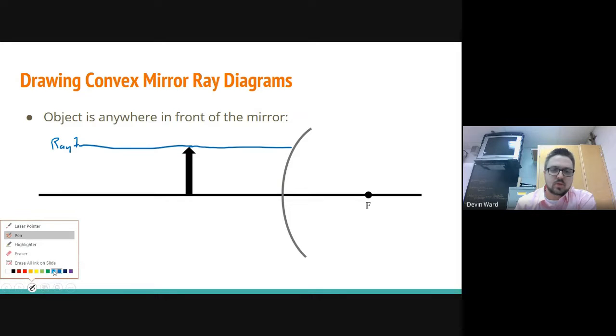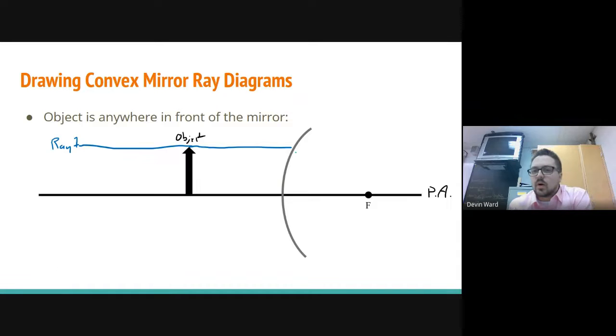Okay, so here we go. So we have our object here and our principal axis, and here's our focal point. So our ray is going to look like it came from the focal point, and then it'll go up that way. Okay.